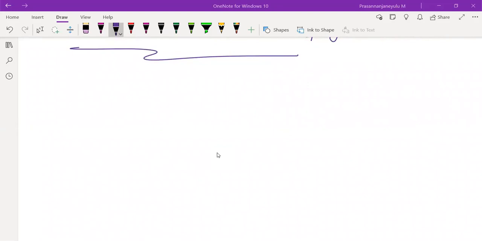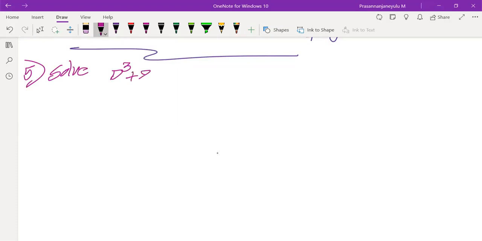Now, if no one is asking any doubt, I'll go with one more problem, problem number 5. Solve. This is the last problem I'm going to discuss on this. If you require, I'll explain one more also.